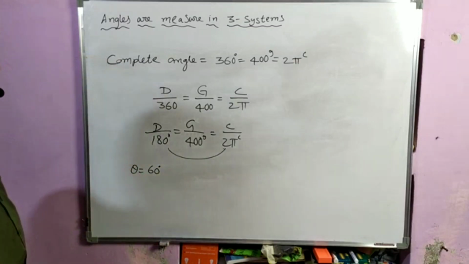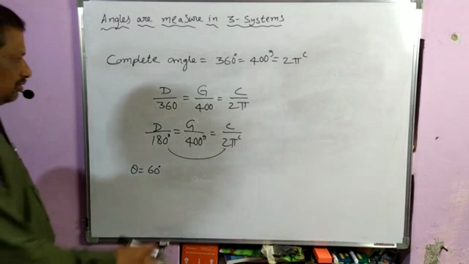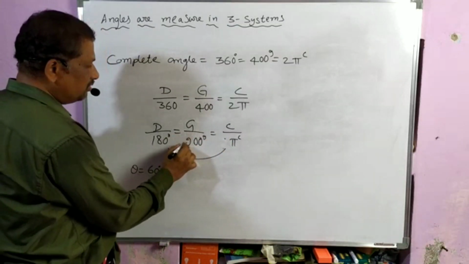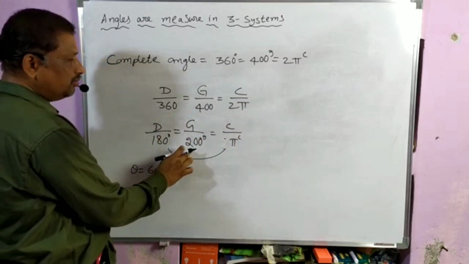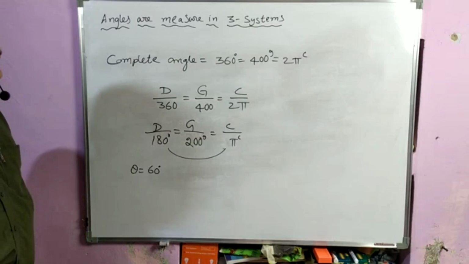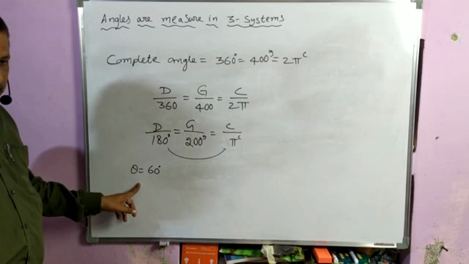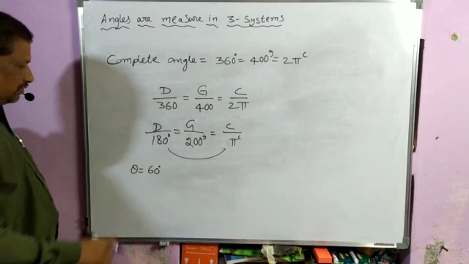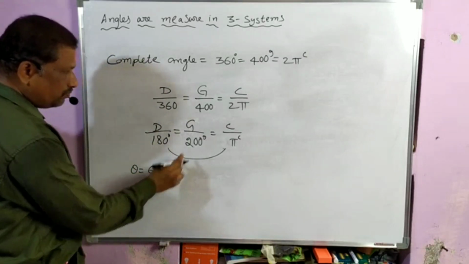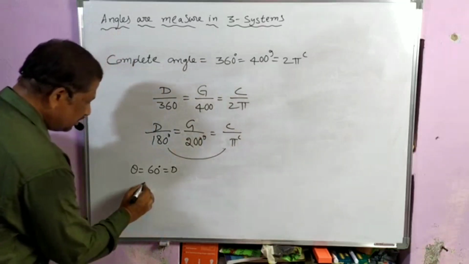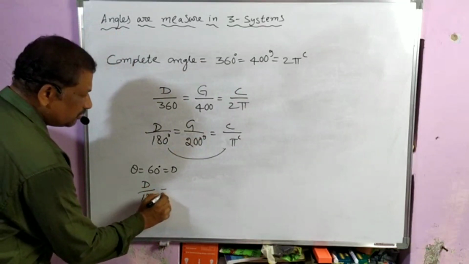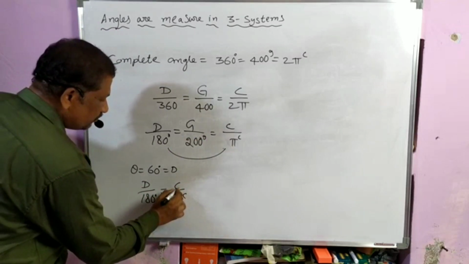Dividing by 2, 180 becomes 180, 400 becomes 200, and 2 pi becomes pi. So we compare D by 180 degrees is equal to C by pi radians.